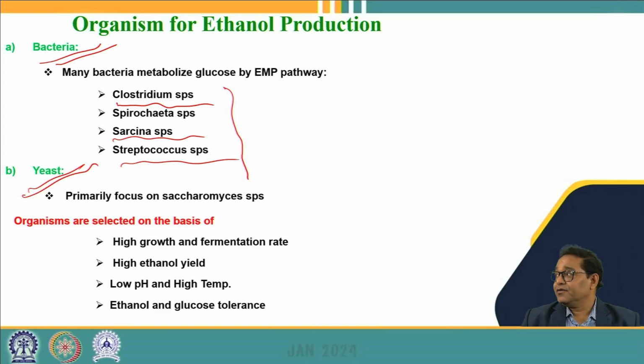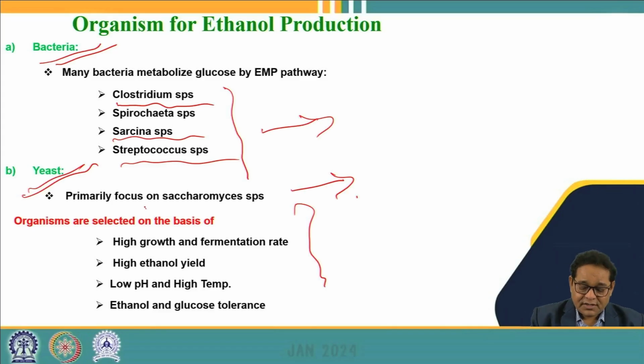These are the different groups of bacteria which are active in fermentation of sugar into alcohol. They can be used, but in most distillery industries we use a type of yeast culture, the Saccharomyces species, for fermentation of alcohol.